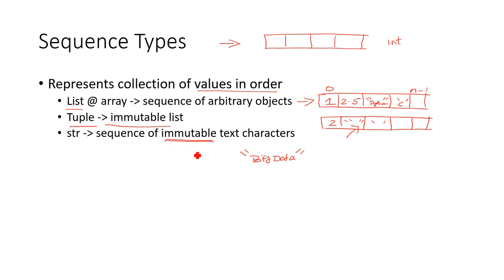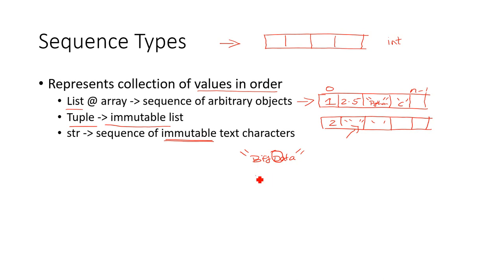What does it mean? A string is a collection of characters, and if you try to modify any of these characters, you will get an error. You are not allowed to change the string; once it is formed, we have to use the string as it is.